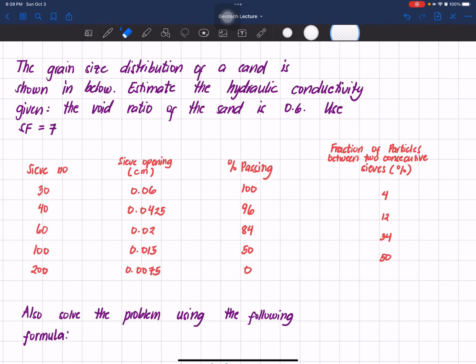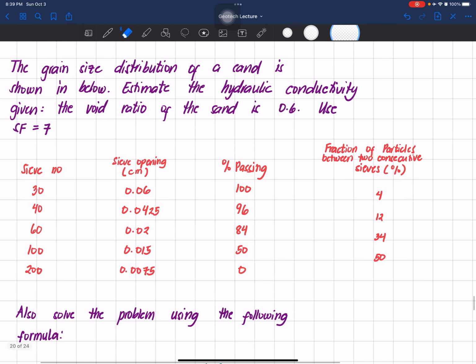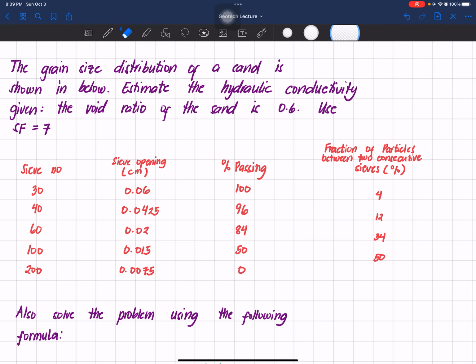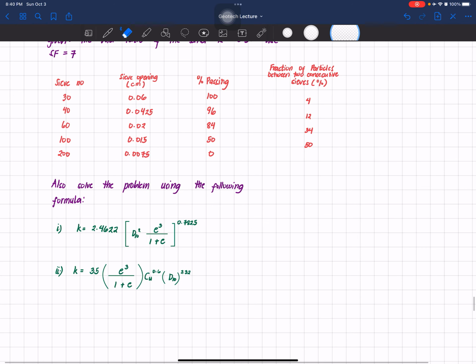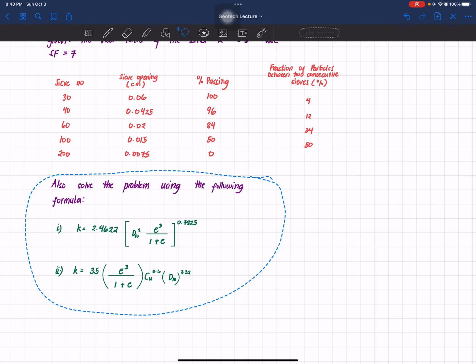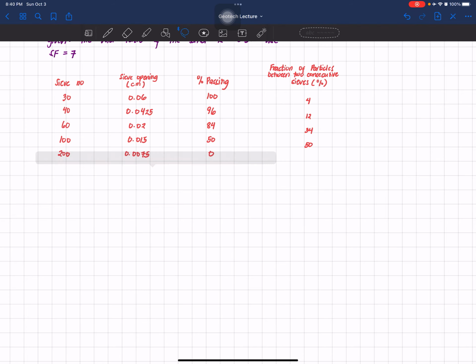We need two sieves in order to compute that. Let's start with the fraction between the 30 and the 40 sieves. The first two consecutive sieves are where we get the first term, Fi all over DLi raised to 0.404 multiplied by DSi raised to 0.595. Let me move this problem over here.